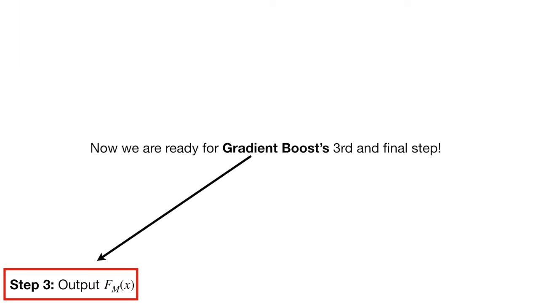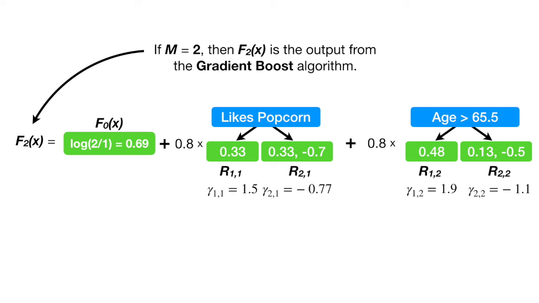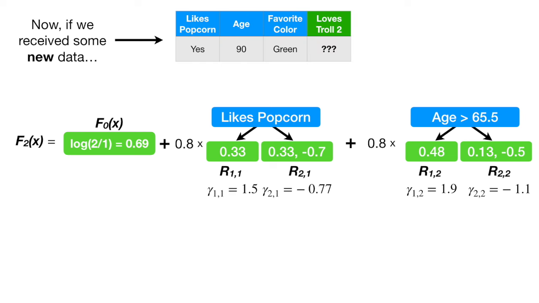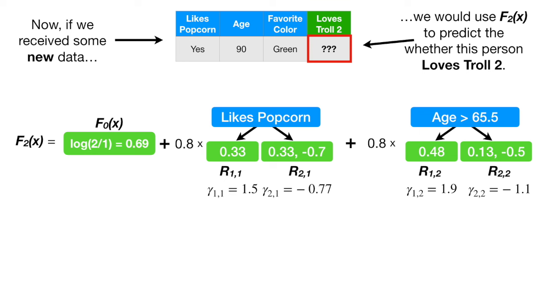Now we are ready for Gradient Boost's third and final step. If big M equals 2, then f sub 2 of x is the output from the Gradient Boost algorithm. Now, if we receive some new data, we would use f sub 2 of x to predict whether this person loves Troll 2.